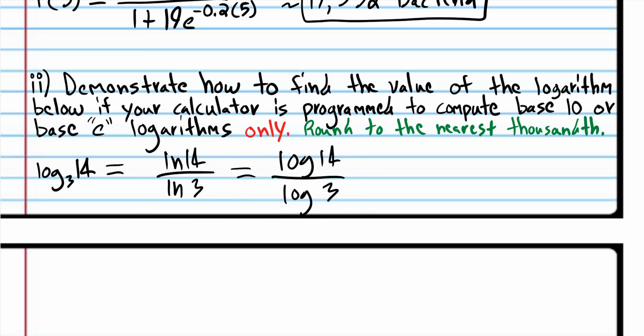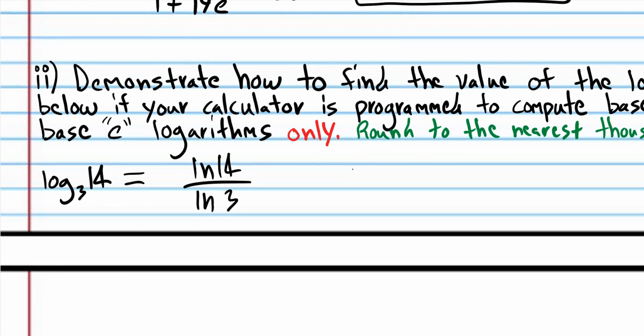Which one do you want to do? It doesn't matter. I'm just going to choose natural log 14 over natural log 3. You'll get the same answer no matter what. So in your TI-84 Plus, you can press the green button, then the y equals button at the upper left, and then enter, and then ln 14, down arrow key, ln 3, and then enter.